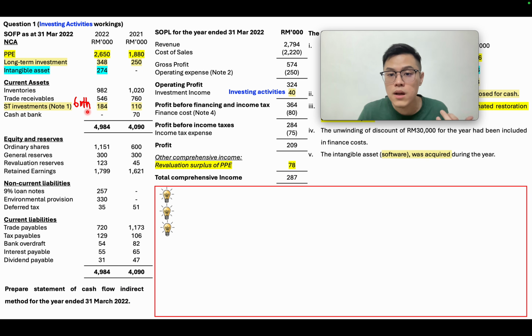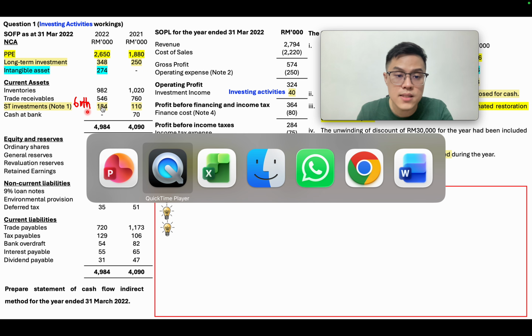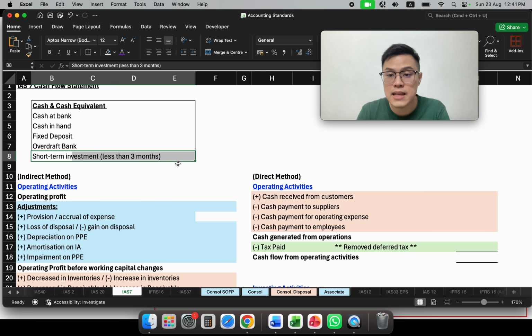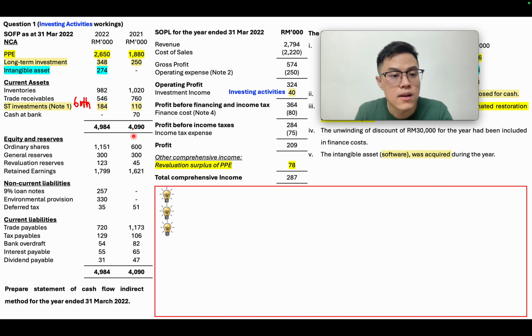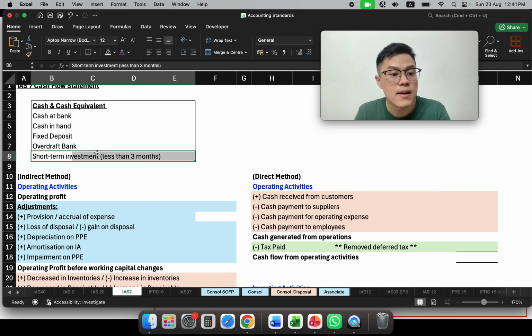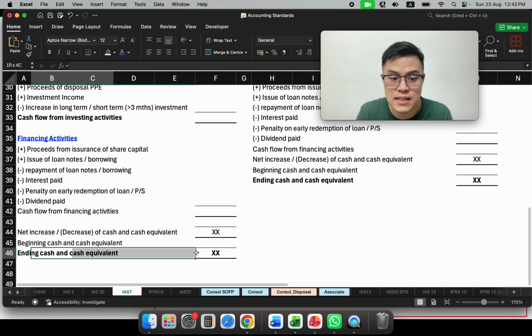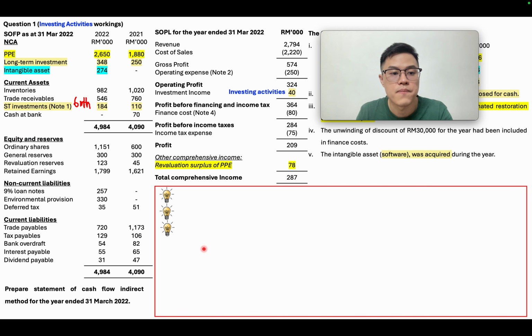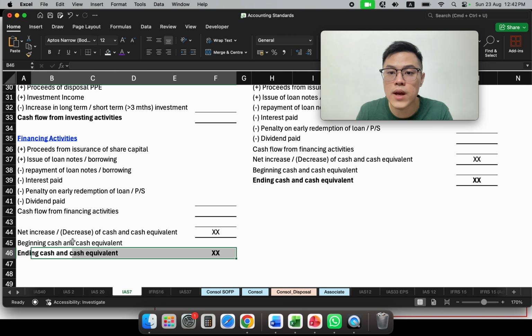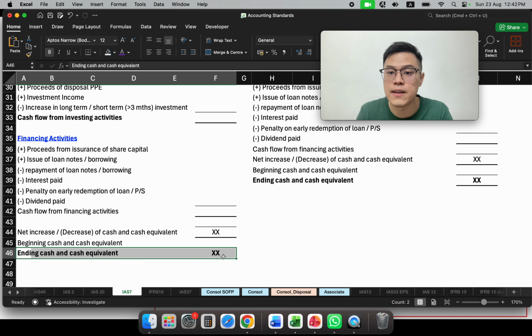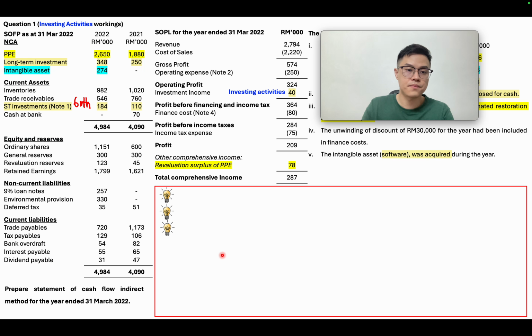So it is actually considered as our investing activity because according to IAS 7, if it is a short-term investment, less than 3 months, you don't put it under investing activity, rather it is treated as part of the cash and cash equivalents in your cash flow statement. So if it is less than 3 months, you don't need to do anything. That particular short-term investment will be reflected in here already because it's part of the cash flow.